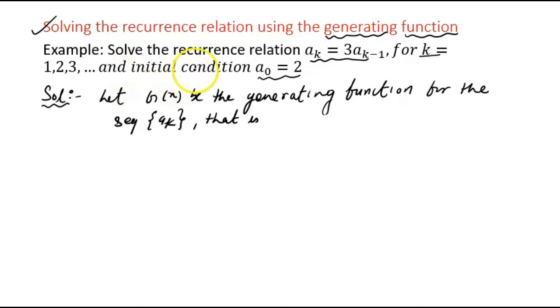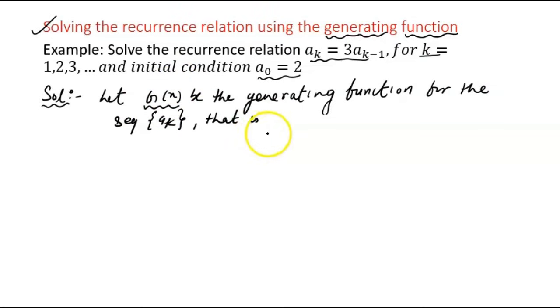And a sequence can also be represented using the generating function. I hope you are getting my point. I repeat: when we are solving a recurrence relation, its solution will be given by a sequence, and a sequence can also be represented by a generating function. So we are starting with a generating function g(x), right?